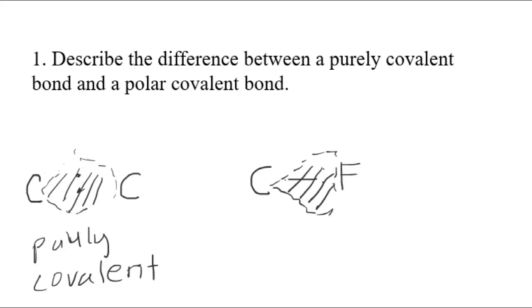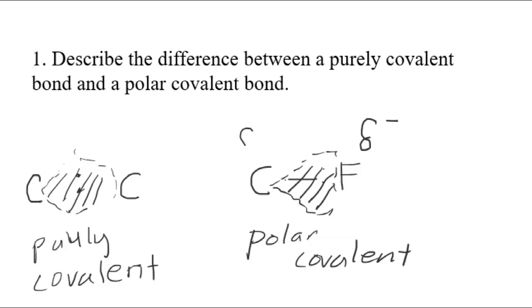So this would be polar covalent. What that does is it pulls the electrons closer to one of the atoms, in this case the fluorine, and then that gives that fluorine a slightly negative charge. And because the electrons are being pulled away from the carbon, that gives the carbon a slightly positive charge.